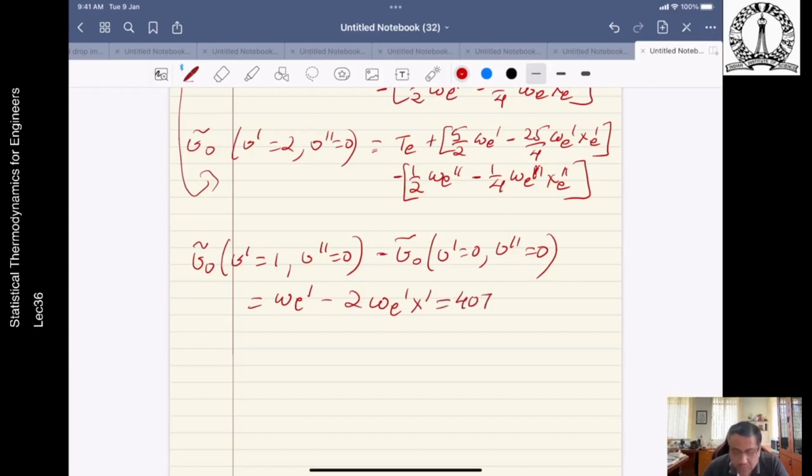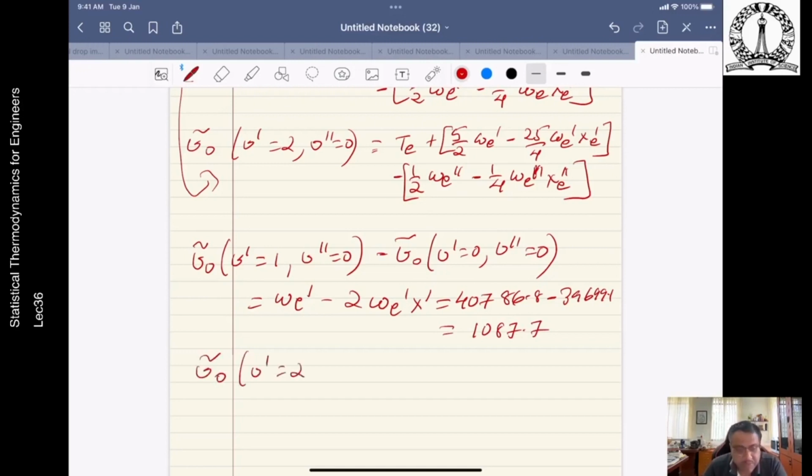That is equal to 40786.8 minus 39699.1, which gives you 1087.7.